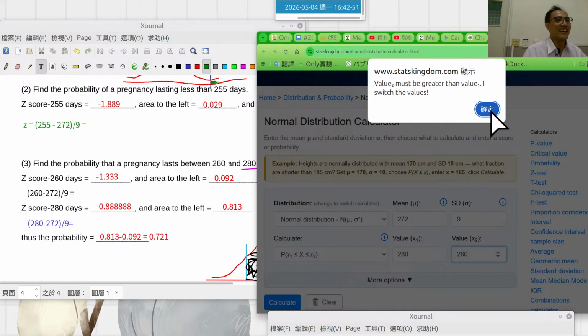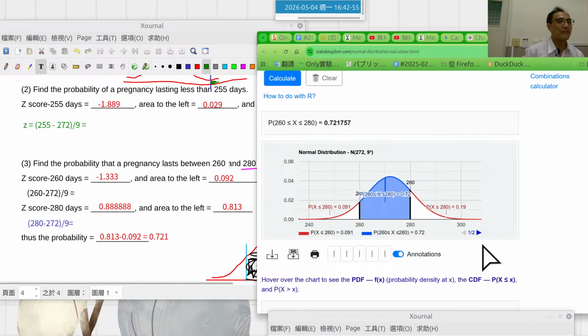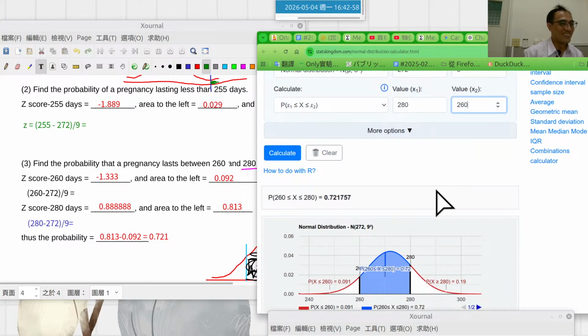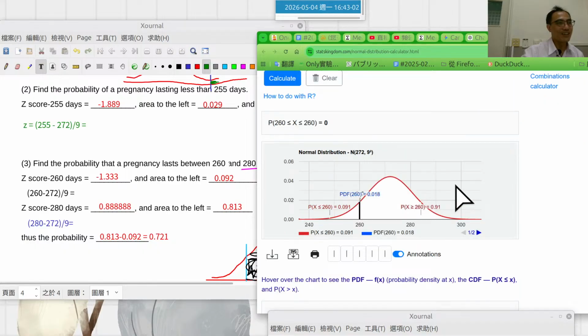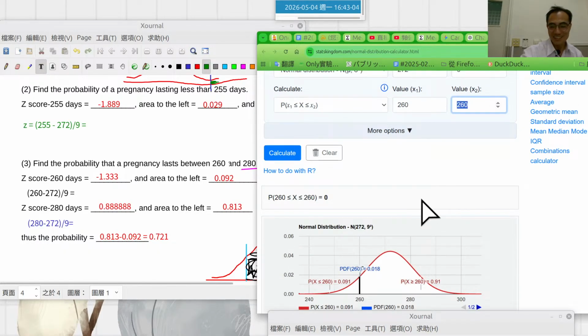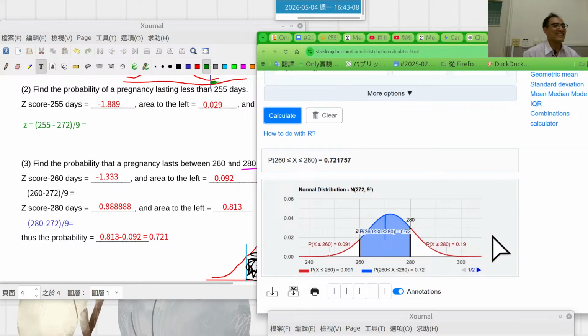Oh, the website is smart. I cannot fool it. Okay, 260 to 280. The answer is 0.72.